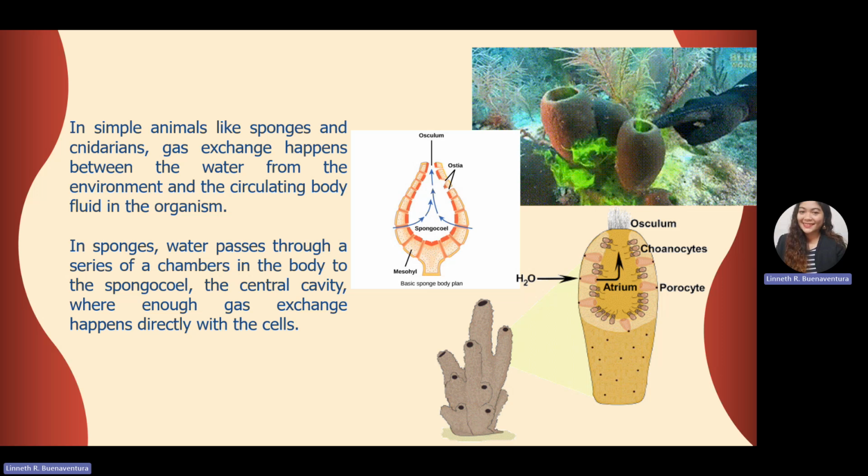In sponges, water just passes through a series of chambers of their body, known as the spongocoel, the central cavity, where gas exchange happens directly in the cell, just like what we've discussed on the respiratory system. They consist of cells that directly diffuse oxygen and carbon dioxide, which will be transported throughout the different parts of their cells.